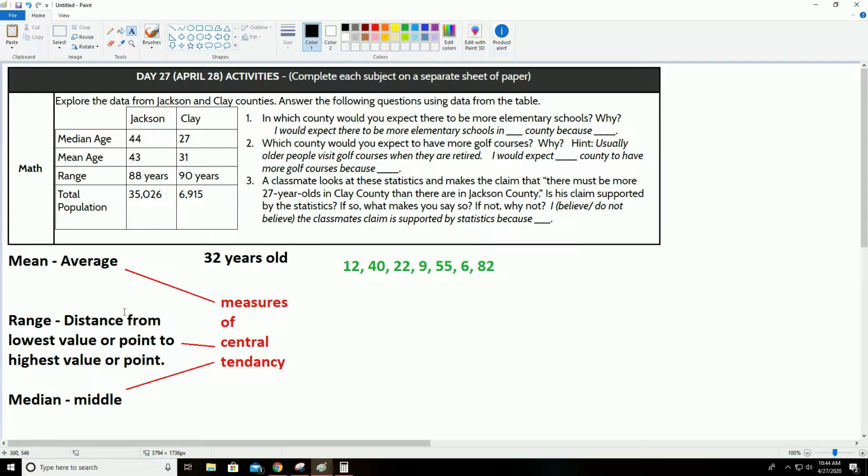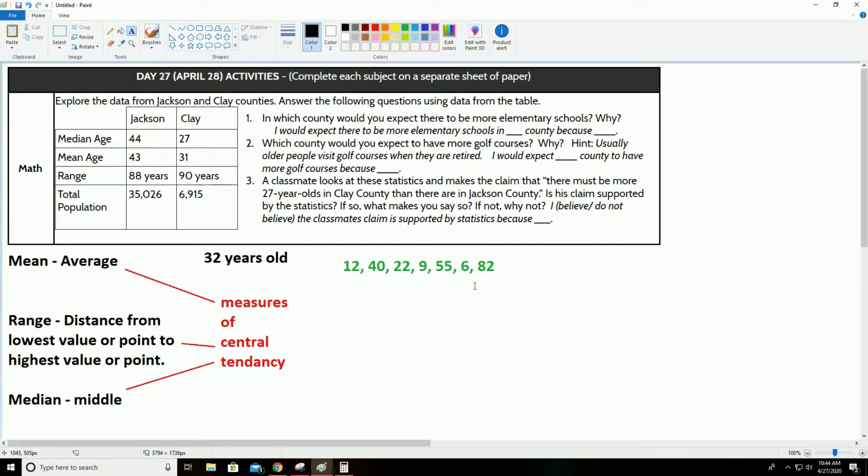All right. The range is the distance from the lowest value or point to the highest value or point. What I mean by that is if I look on here and find the lowest number, what's the lowest number? We have 12, 40, 22, 9, 55, 6, and 82.